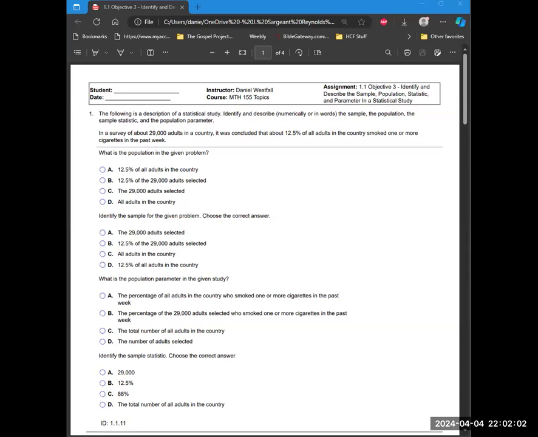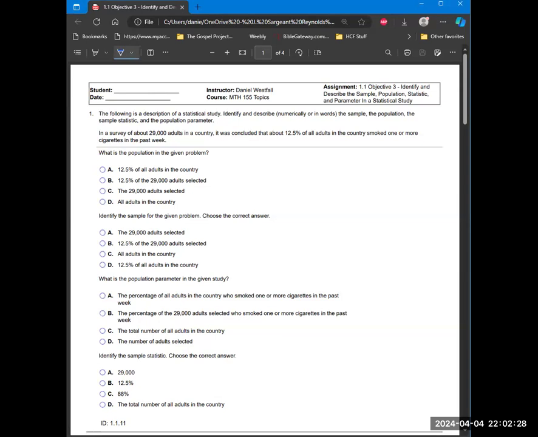In a survey of about 29,000 adults in a country, it was concluded that about 12.5% of all adults in the country smoked one or more cigarettes in the past week. So, first question is, what is the population in the given problem?